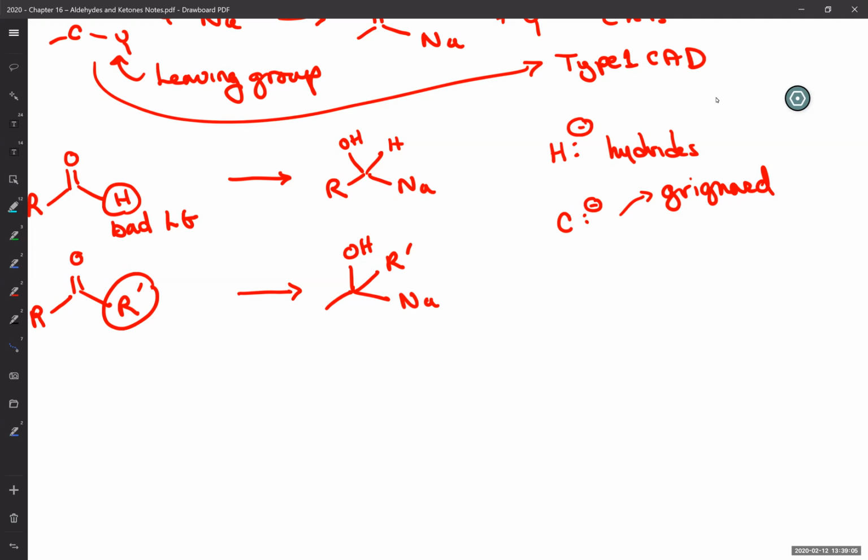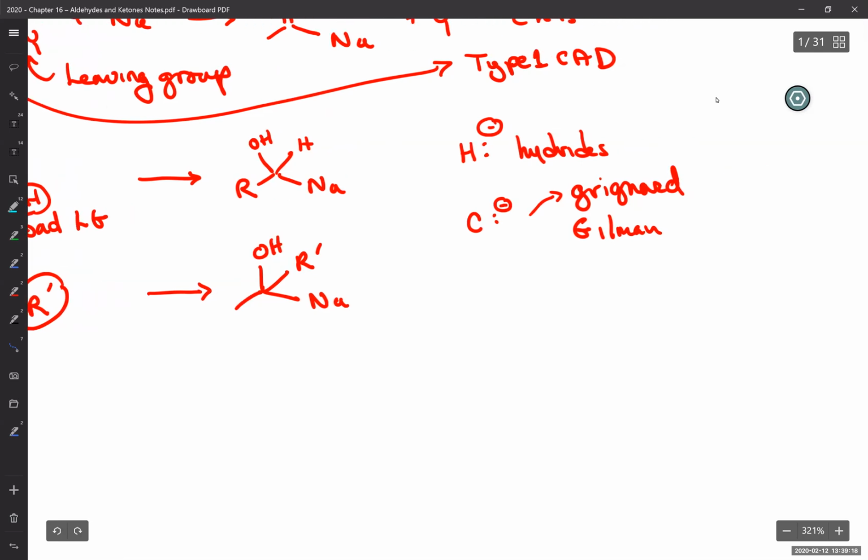We're going to look at another reagent called a Gilman reagent. I should probably capitalize the G's. These are both names. So this is organomagnesium. This is organocopper.